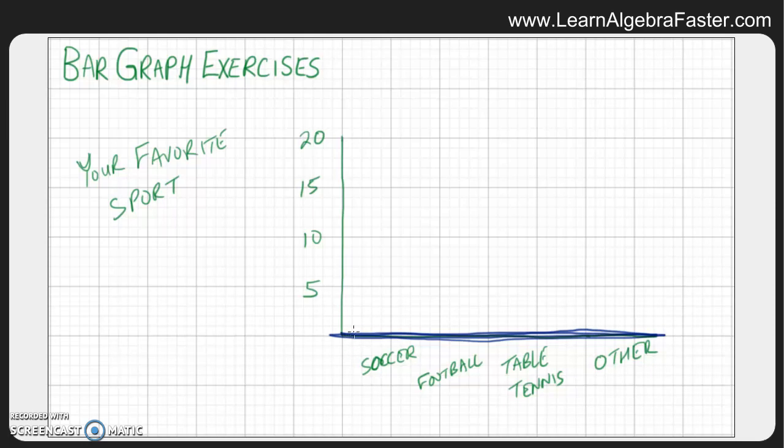And what people would do is they would actually stand in a line so that they would make a vote for themselves. And what you would look at is you would look at the longest line.